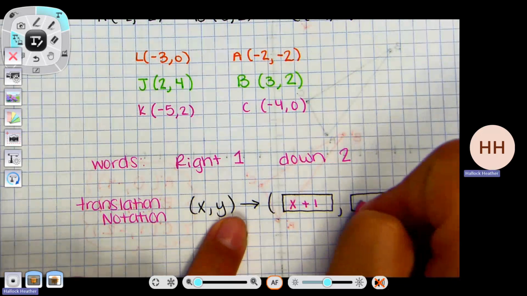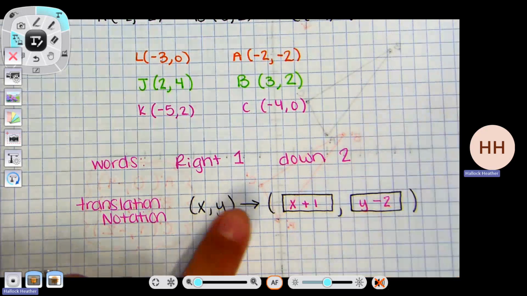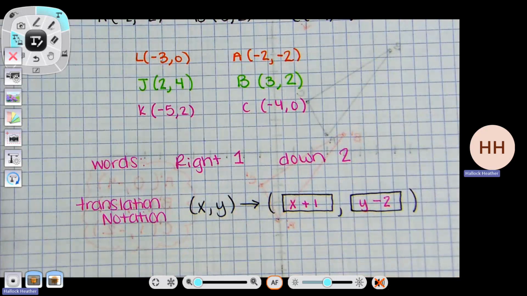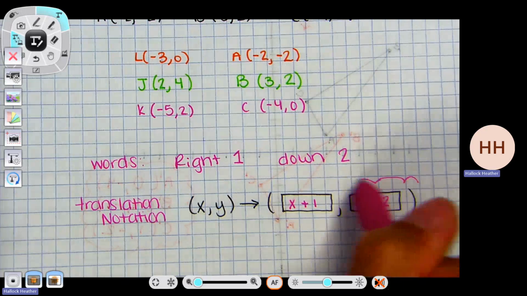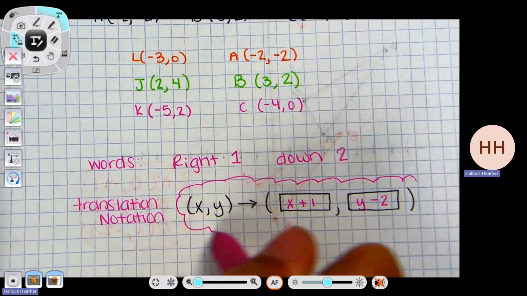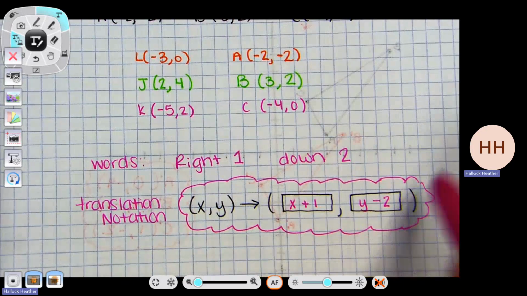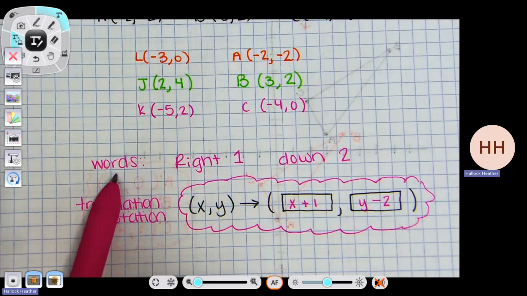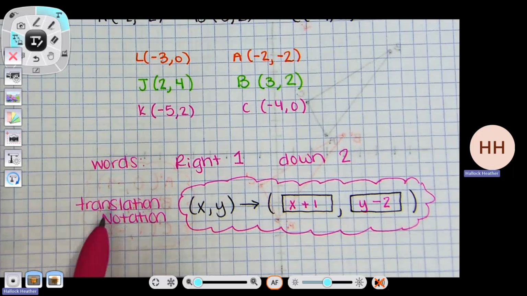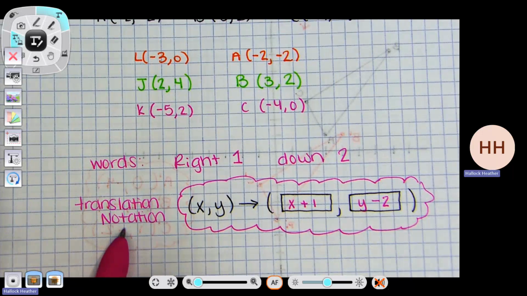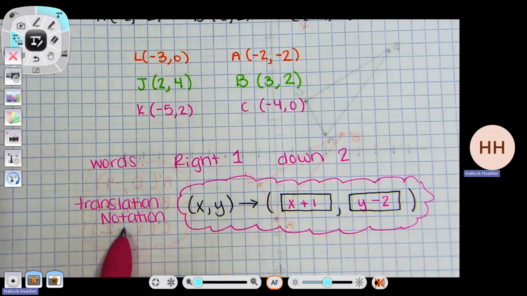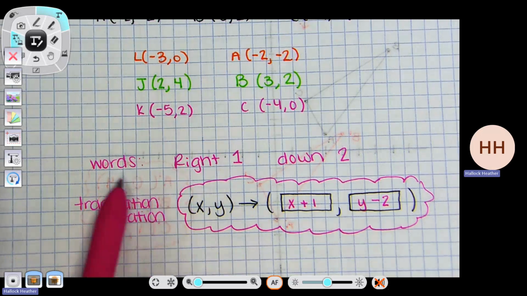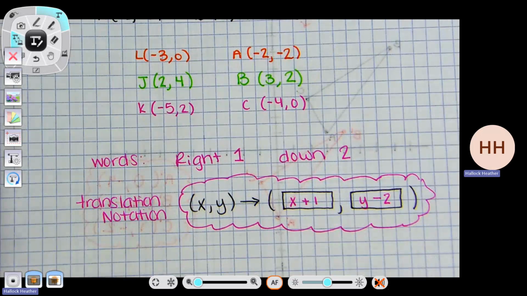Y minus 2. So it's mathematically how you are getting to this coordinate point. So you would type that in, and this would be your answer. On today's homework, it's going to say you can describe in words. If you want to describe it in words, that's fine because it says words. Or you can practice your translation notation, because they don't have that in the book, but that's the way it's on the EOC because they're not going to have you type in words.